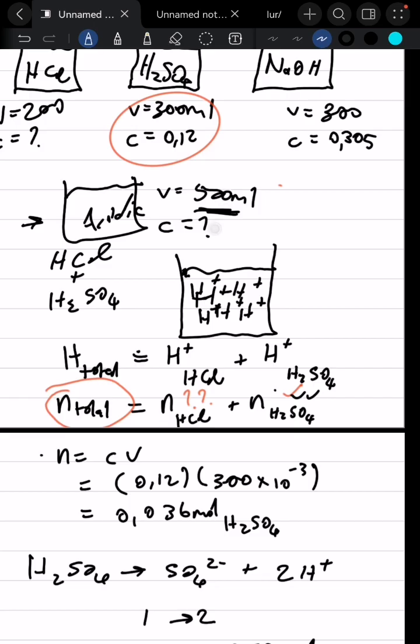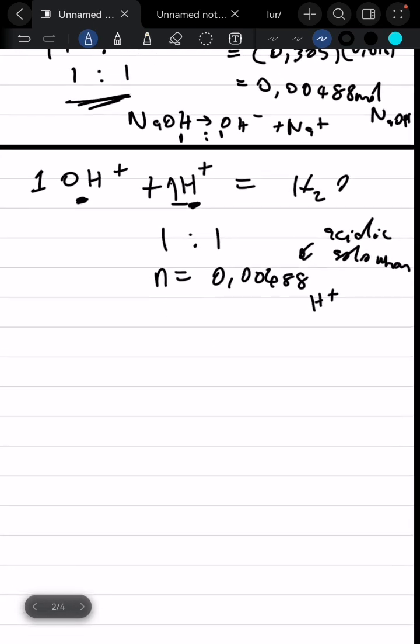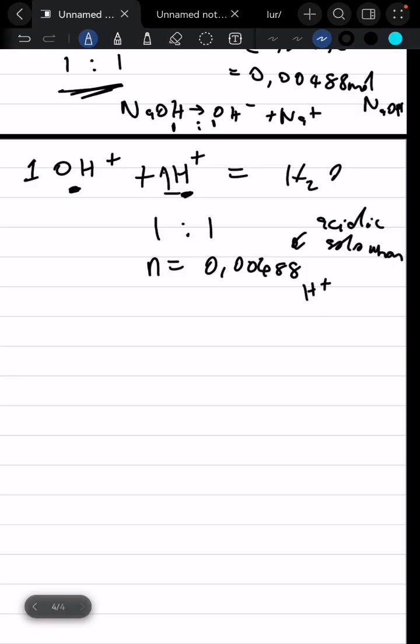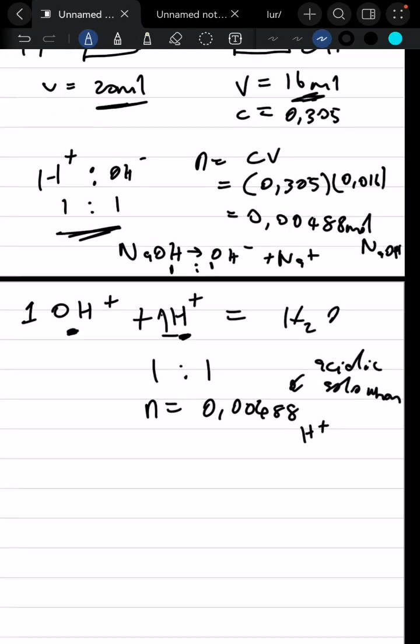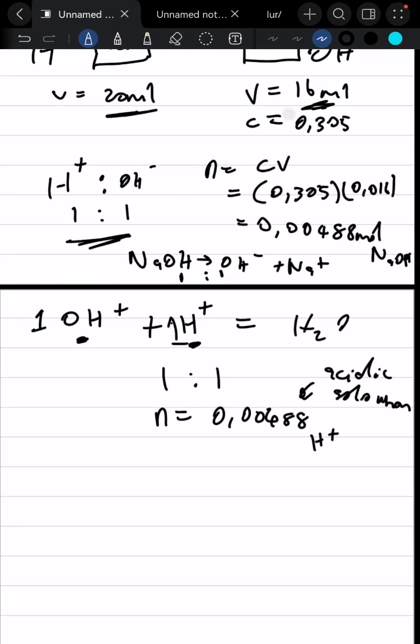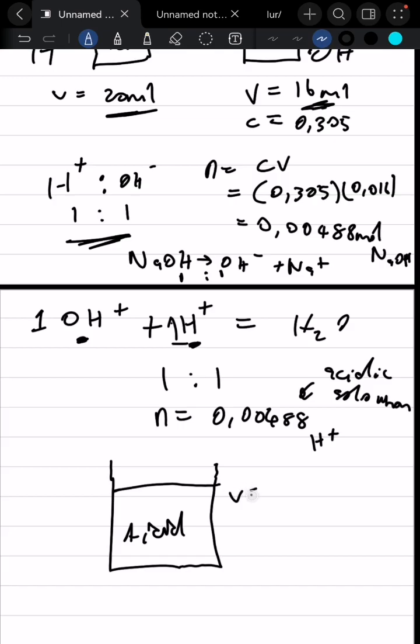So the 16 volume is able to neutralize 20 mils. The acidic solution has a volume of 500, whereas the concentration is unknown.